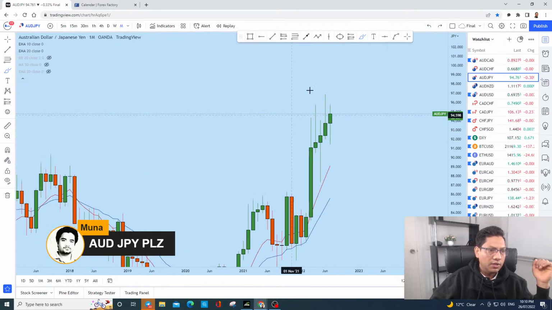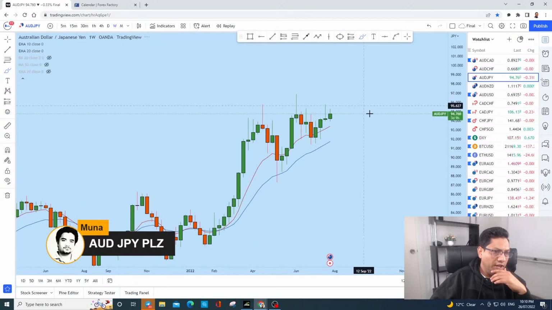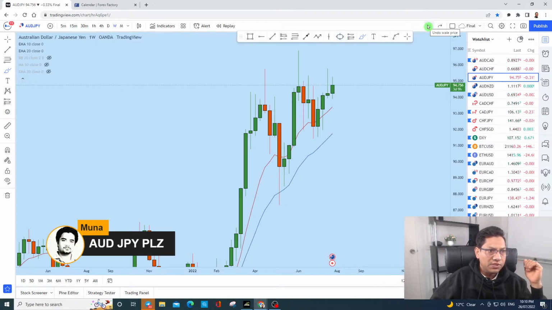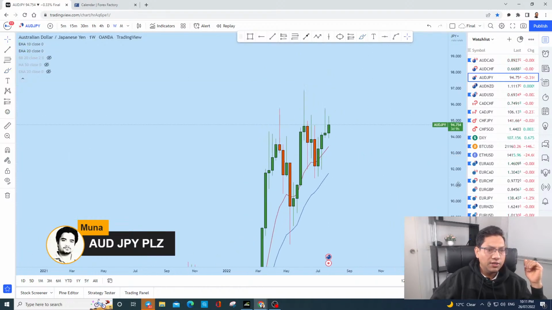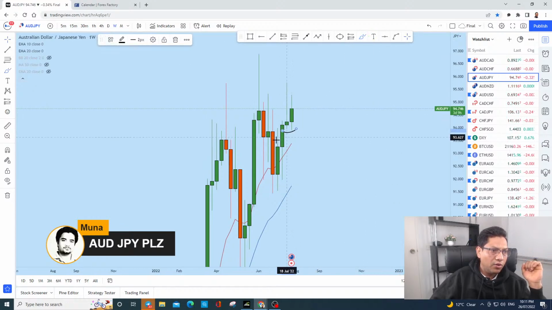The way the price action is formed, we might see a little bit of sideways movement weekly after the past week's shooting star. This week, as soon as the market opened from this level of support, we have seen a movement. But one thing in Aussie Yen, I think the bias is bullish because it's long-term bullish, and we have also seen a kind of inverted head and shoulders.